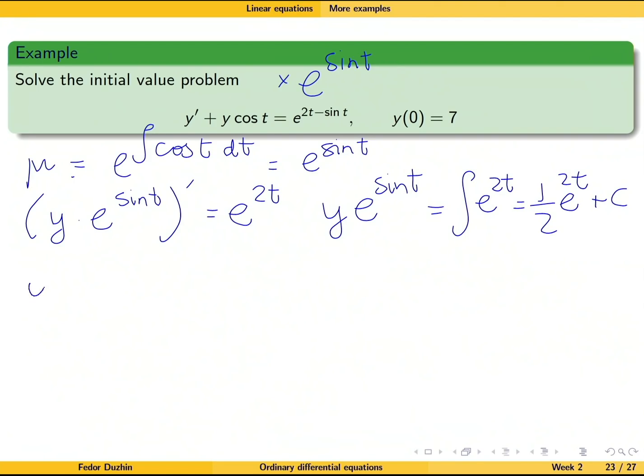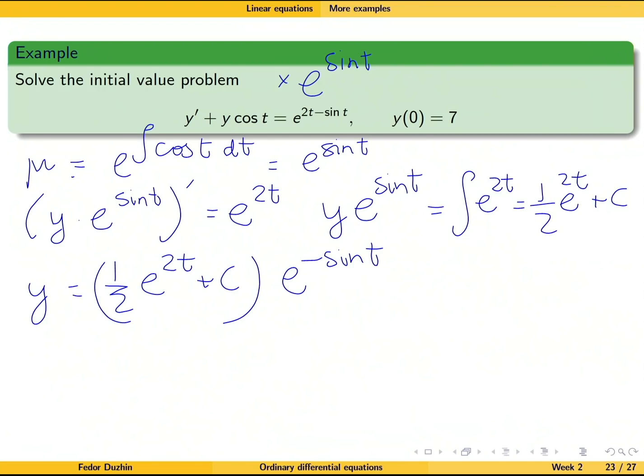So y is going to be 1/2 e to the 2t plus constant times e to the minus sine t. And the question is to find the constant.